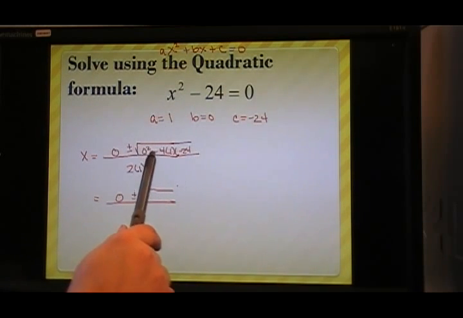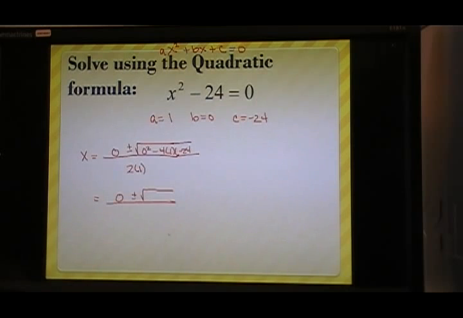So we've got 0 minus a negative 96, or 0 plus 96, this is just 96, all divided by 2. So 0 plus something, that's just that number, so what we really have is plus or minus the square root of 96 over 2.